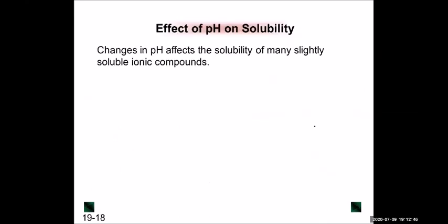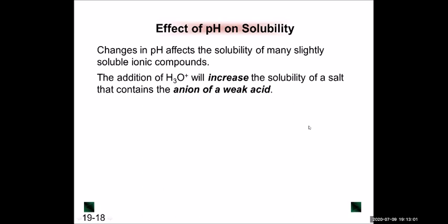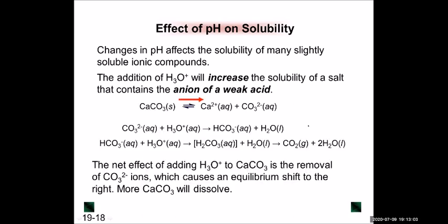And we're getting to the last part of the lecture. The solubility of an ionic compound can be affected by the pH. That's because the dissolving of an ionic compound oftentimes, for example calcium carbonate.